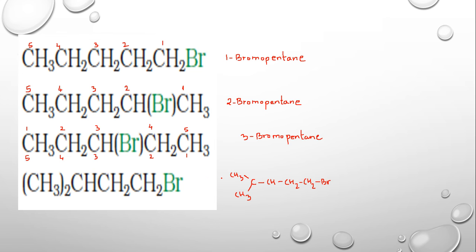Start the numbering. Give the lowest number to the halogen and it should have the longest carbon chain. So 1, 2, 3, 4 and fifth carbon atom. And fourth carbon atom, it has a substituent, that is methyl. Fifth carbon atom can also be the CH3. You can number it in either way.